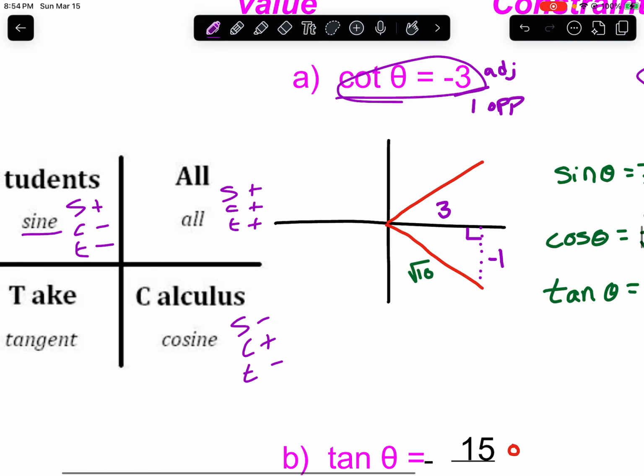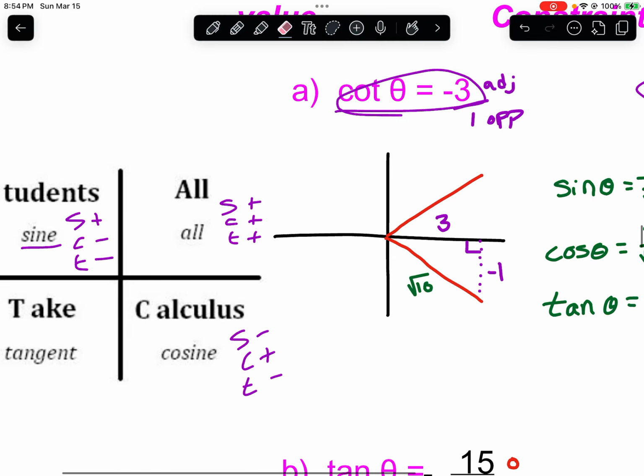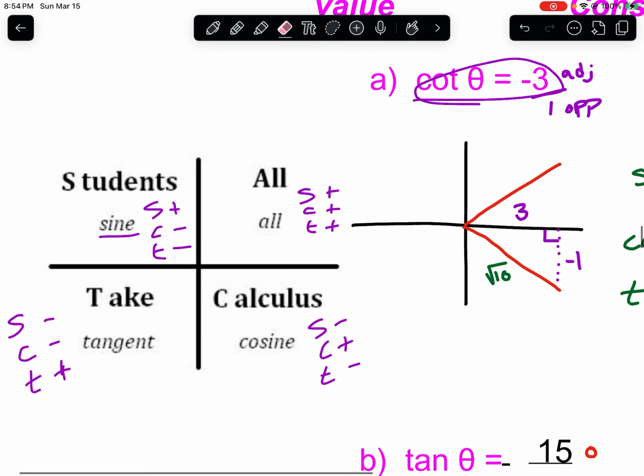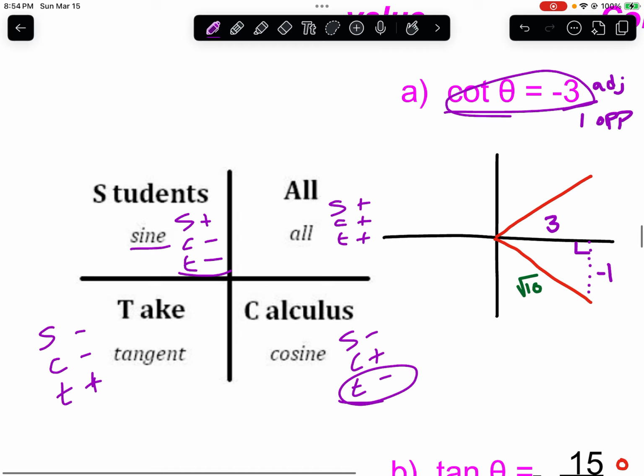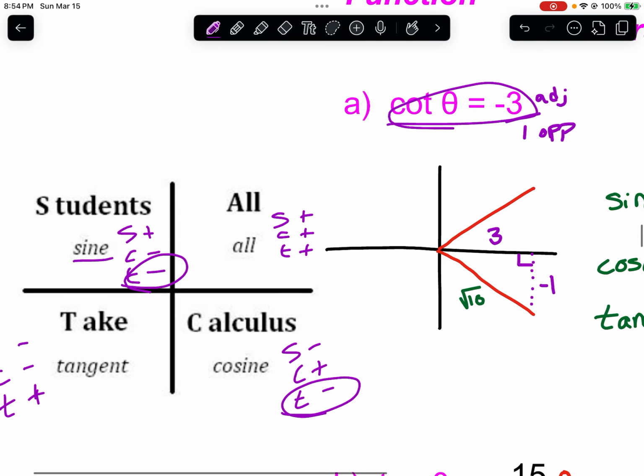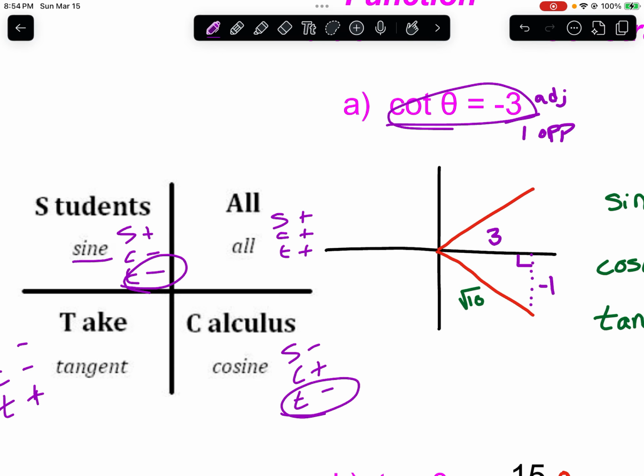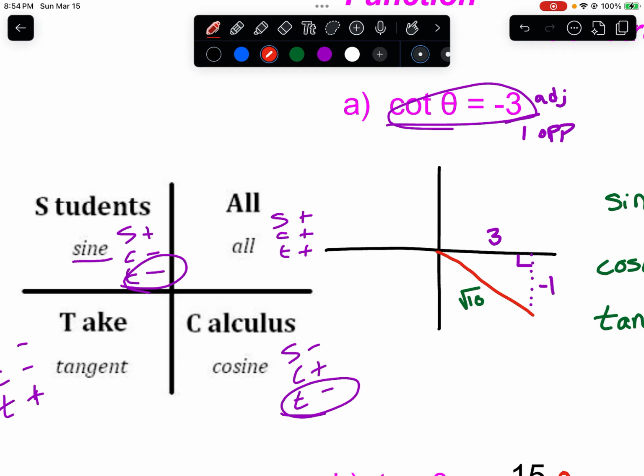Just like cosecant will follow sine, secant will follow cosine, and so on. I've got a little mistake here that's not going to change too much. So if we're given cotangent is equal to -3, if cotangent is a negative value, I know tangent is negative in quadrants 4 and 2. So I know cotangent would have to be negative in those same quadrants.